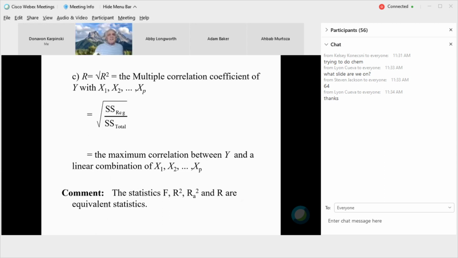Another statistic is the square root of r squared, called the multiple correlation coefficient. It's the maximum correlation between y, the dependent variable, and some linear combination of x1, x2 up to xp. These statistics are all equivalent. If you know one of them, you can calculate the other.